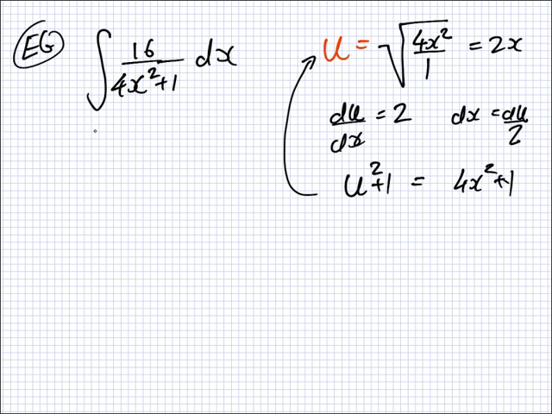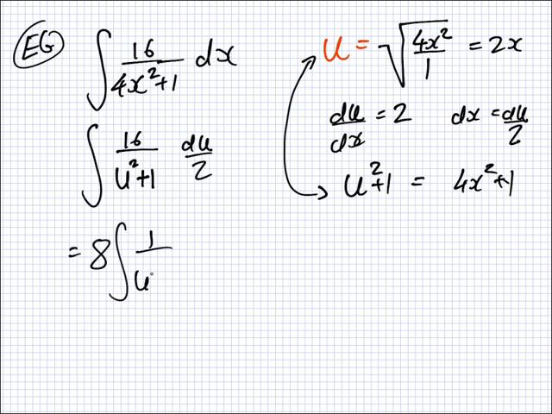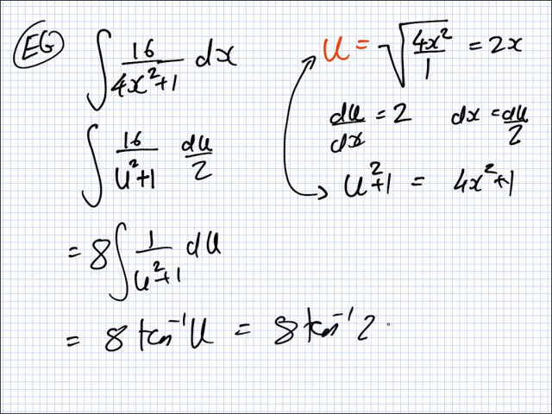So this becomes 16 over u squared plus 1 du over 2, which is equal to 8 times 1 over u squared plus 1 du. Now, if you use the rule at the start of the lesson, what does this equal? Tan inverse u. So the answer is 8 tan inverse 2x plus c.